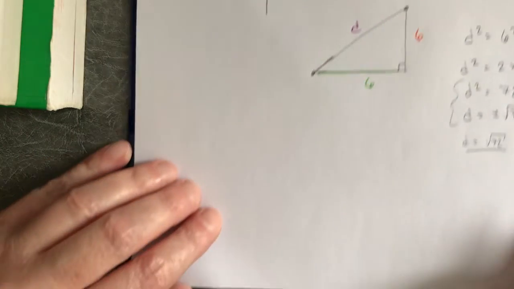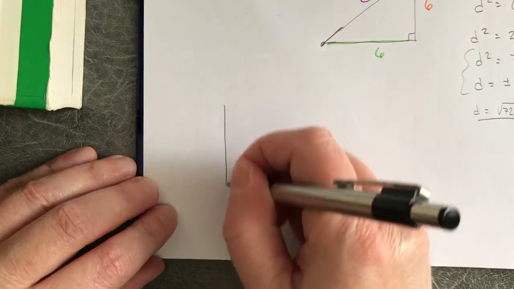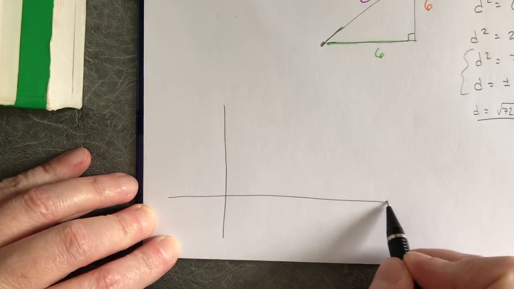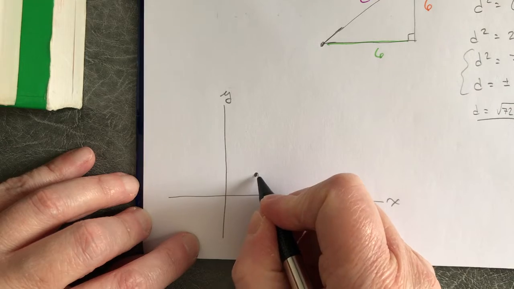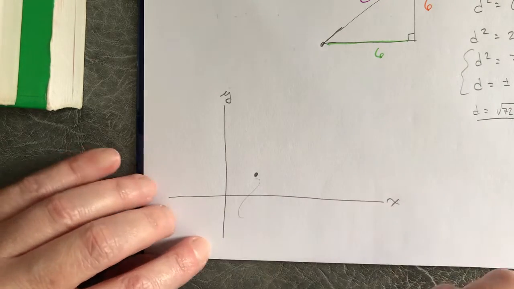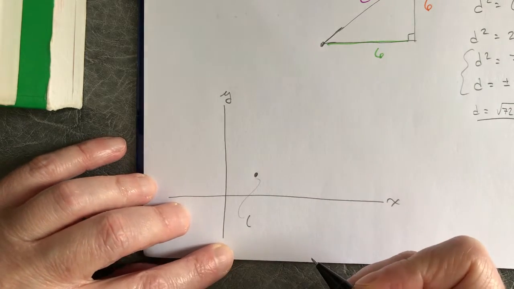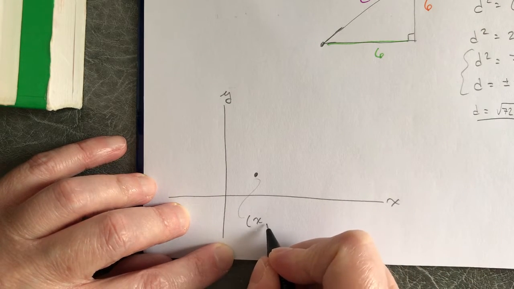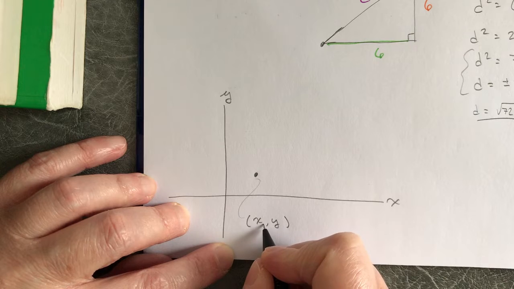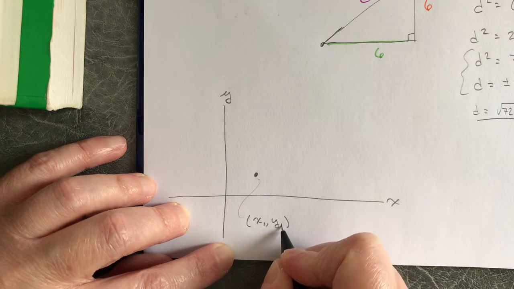So in general, I can say this. Okay, so here's a fresh set of axes. Here's my x. Here's my y. If I have a point here, and I'm going to give him generic coordinates, and it looks kind of fancy, but it's not that bad. It has an x-coordinate and a y-coordinate, but I'm going to say x sub 1, y sub 1.